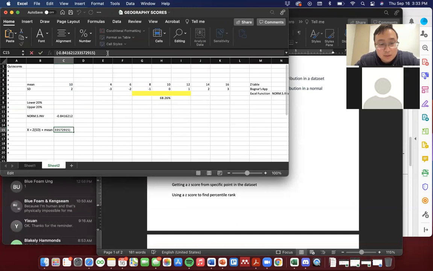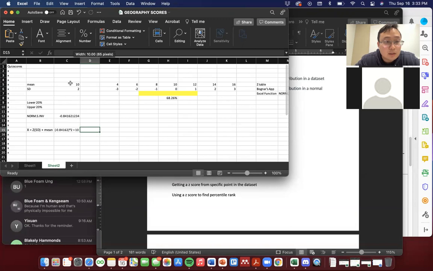Multiply that by 2. And then we're going to add the mean, which is 10. Okay, I'm going to just round this up to make it somewhat prettier. There. So that's the formula to find the lower 20%.